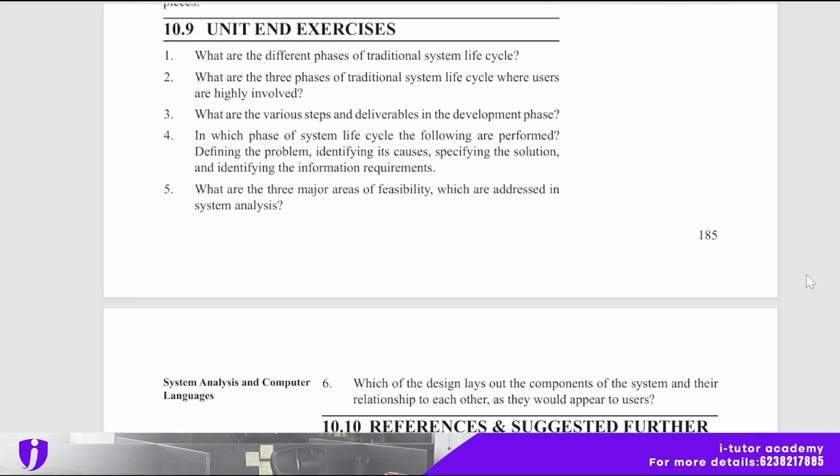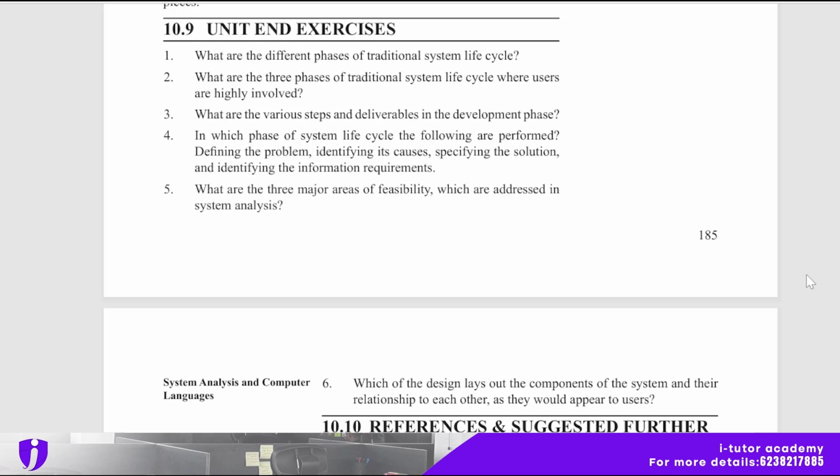So the first question is, what are the different phases of the traditional system life cycle, and what are the three phases of the traditional system life cycle where users are highly involved? We already discussed these questions directly. What are the various steps and deliverables in the development phases, and in which phase of the system life cycle are the following performed: defining the problem, identifying its causes, specifying the solution, and identifying the information requirements?